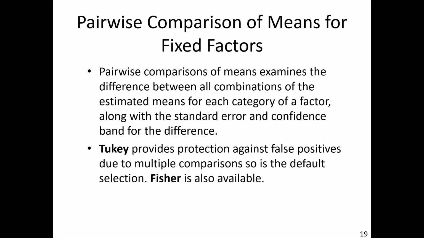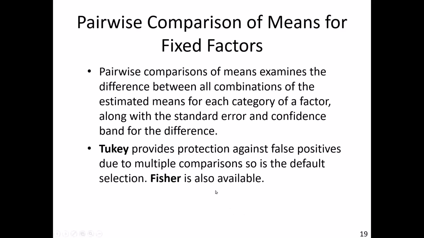Also available, if you have fixed factors, is pairwise comparison of means. Pairwise comparison of means examines the difference between all combinations of the estimated means for each category of a factor, along with the standard error and the confidence band for the difference. The default is Tukey, which provides protection against false positives due to multiple comparisons.